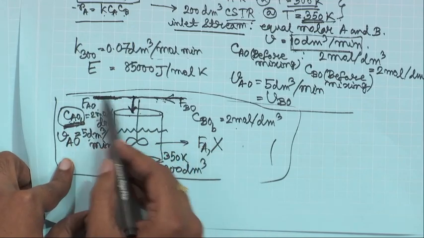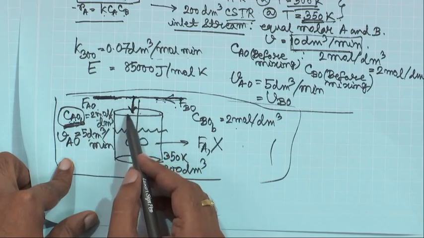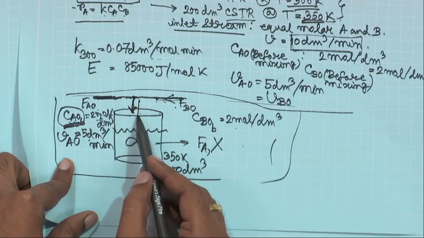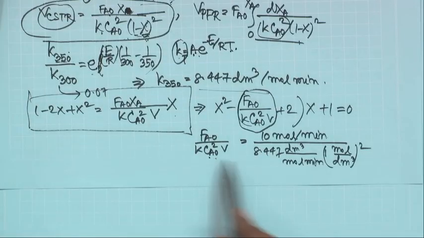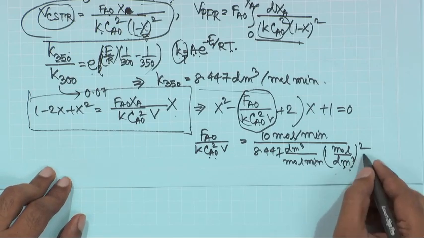It was 2 moles per decimeter cube here and 2 moles per decimeter cube here for A and B. So, when they came together, the Ca0 at the entrance is basically 1 mole per decimeter cube. So, the Ca0 is 1 mole per decimeter cube, and V is already known. What is the volume? It is 200 decimeter cube.